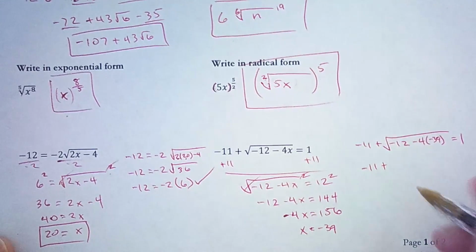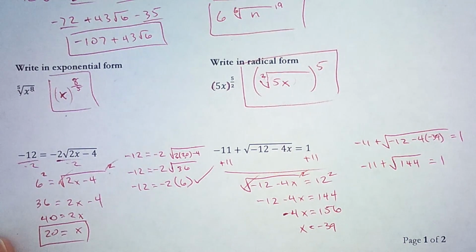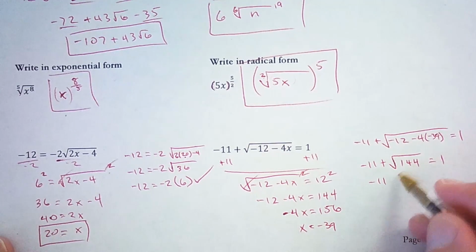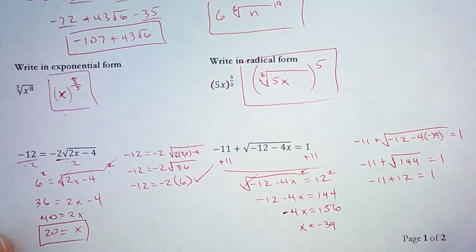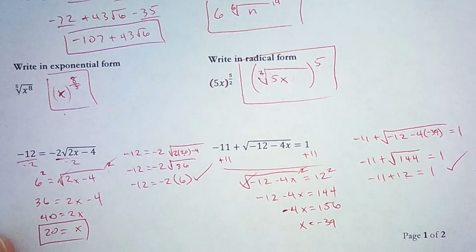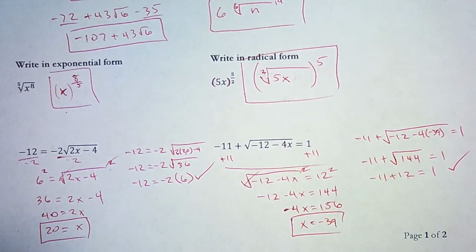So the square root of 144 equals 1. The square root of 144 is 12. -11 plus 12 equals 1. I'm satisfied with that. That is true. So x equals -39 is a valid solution.